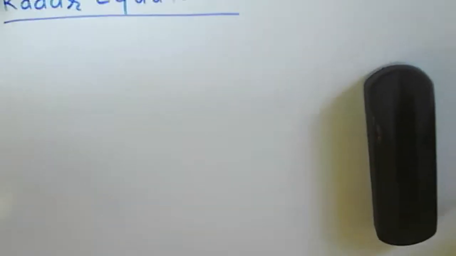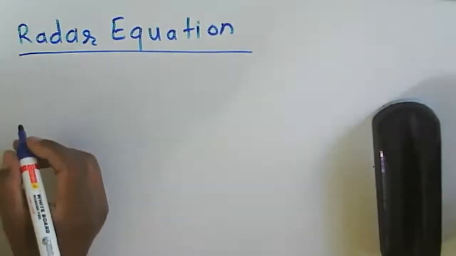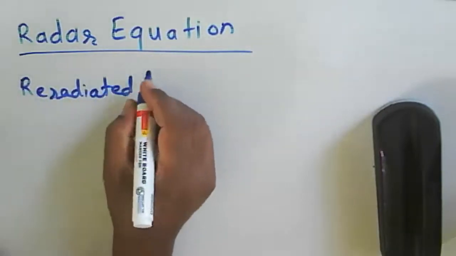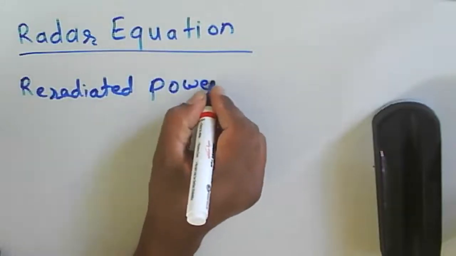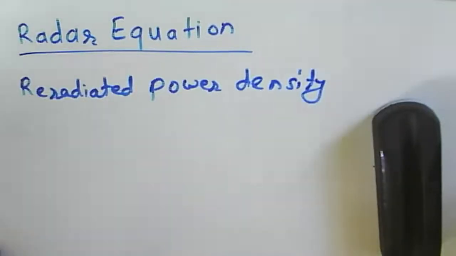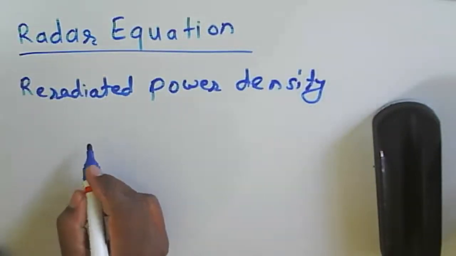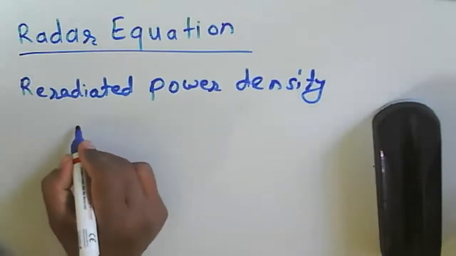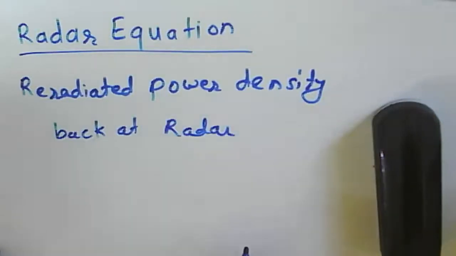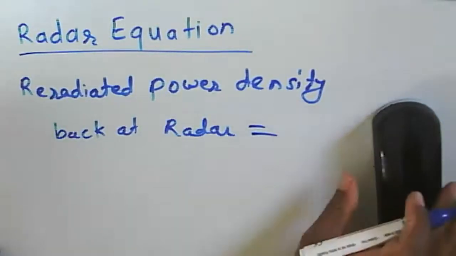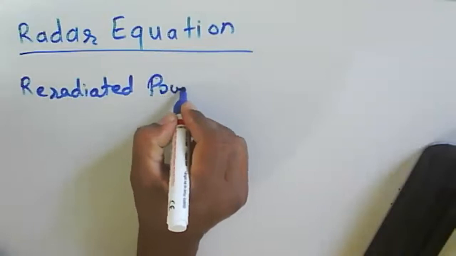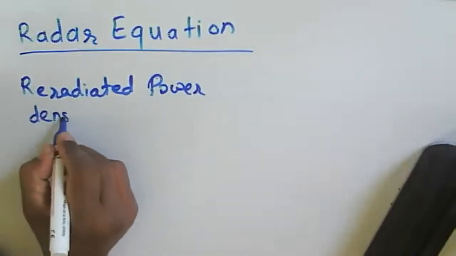In that case, we find the re-radiated power density back at the radar, that is reflected. So what will be that power density?